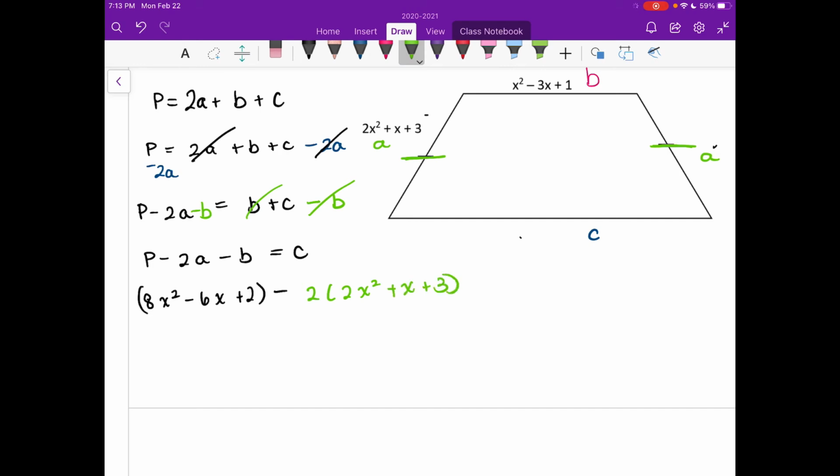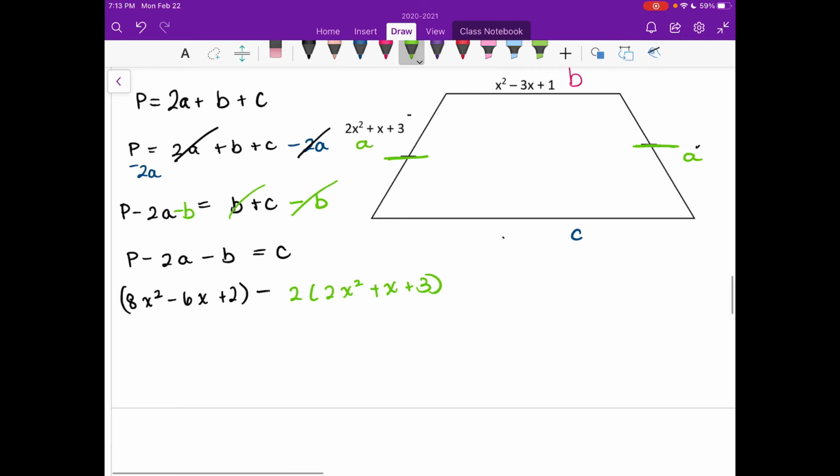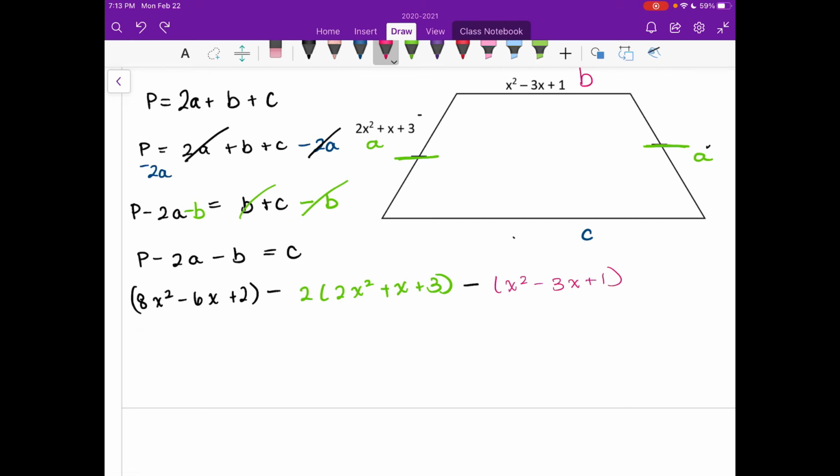Then we said B, so minus, and B was this pink one, x squared minus 3x plus 1. I just got that from up here. And now all of that is equal to C.